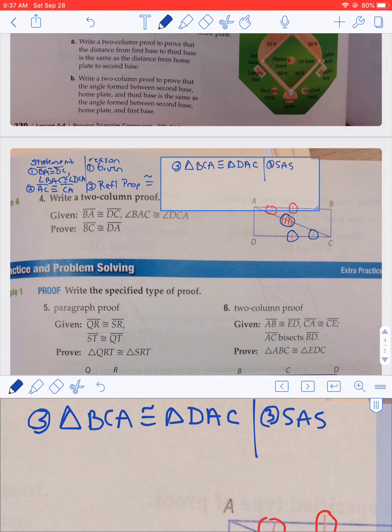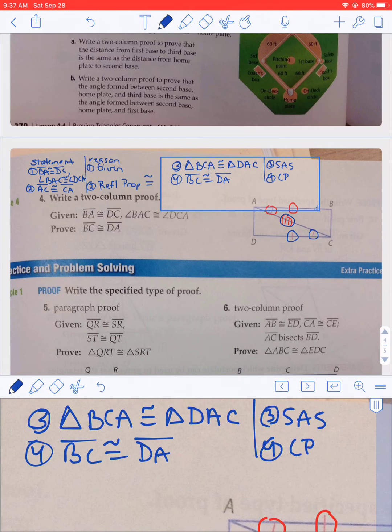And what we need is to prove that side BC is congruent to side DA of the other triangle. And we don't have to write out the full words like corresponding parts of congruent triangles are congruent. We can just simply write CPCTC. Very thankful for abbreviations like that. So that means corresponding parts of congruent triangles are congruent. So we can pick any corresponding parts we need.